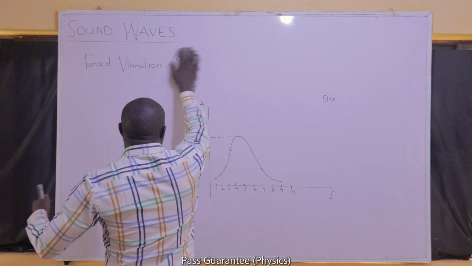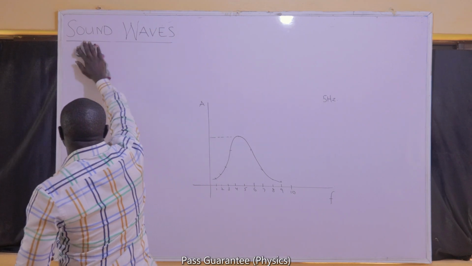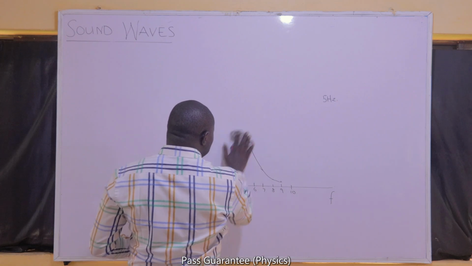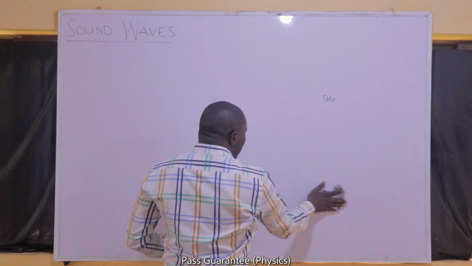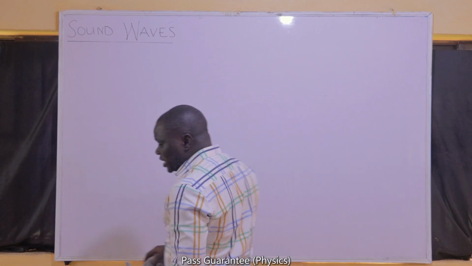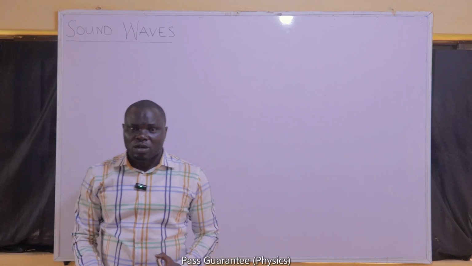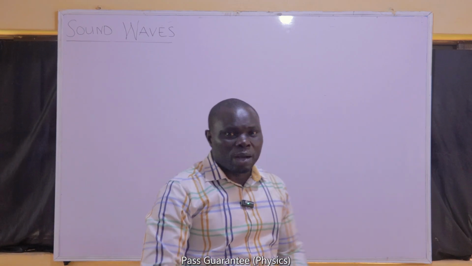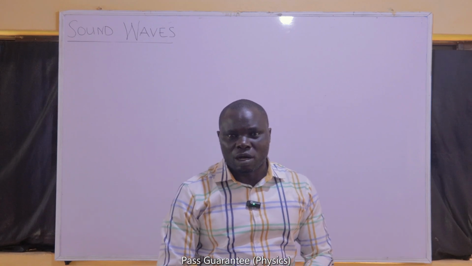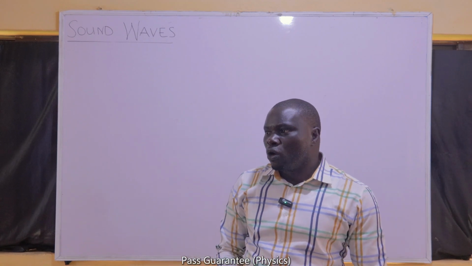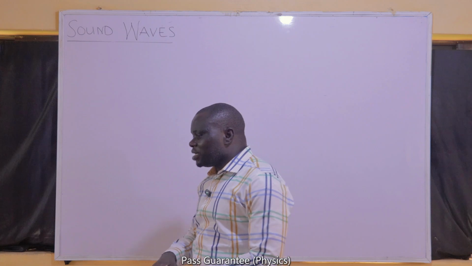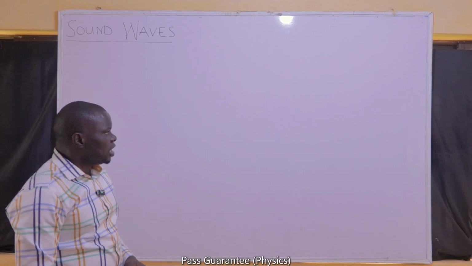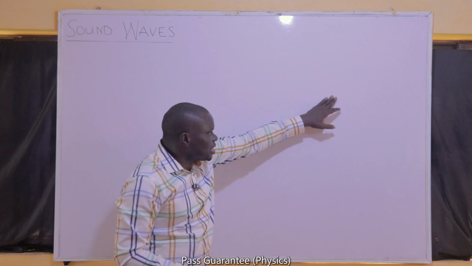There can be so many examples of a resonating object or an object that is set into forced vibration. If a man is playing a guitar, your hand becomes the driving force, while the guitar is the driven system. When you are beating a drum, your hand becomes the external periodic force, while the skin of the drum is the driven system.